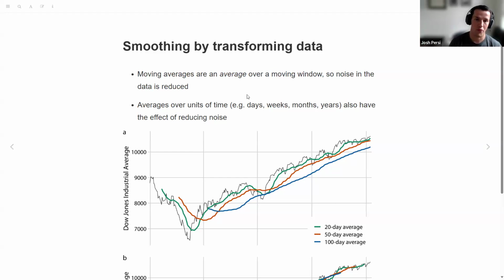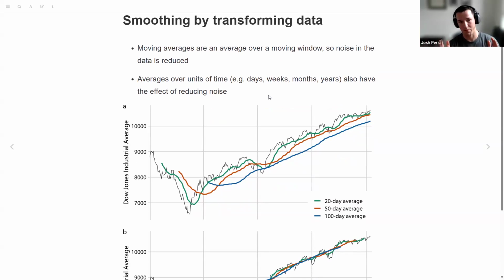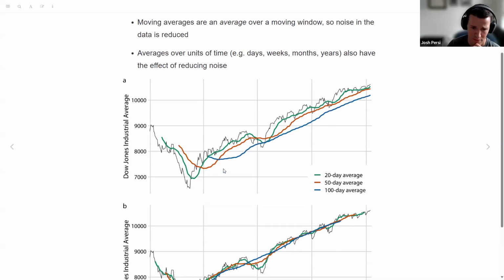So a product of that is that you have a shorter time series because you are losing the information on the far ends of the axis because they're being averaged up. That's shown here by a 20-day average, which is the smallest window of the three shown here. It covers most of the original data, but a larger window, such as the 50-day or 100-day, covers less. The smooth line appears shorter because the size of the window the average is taken over is larger.